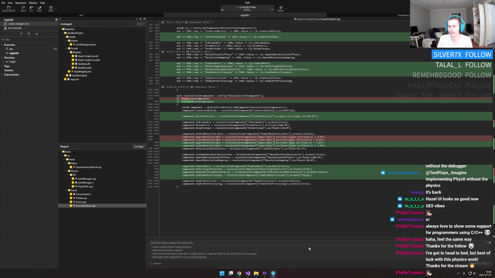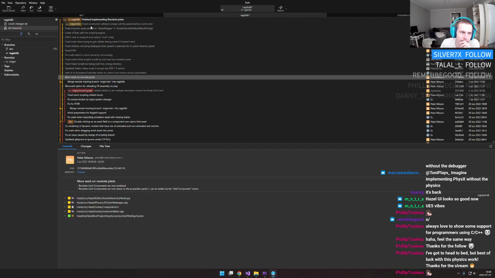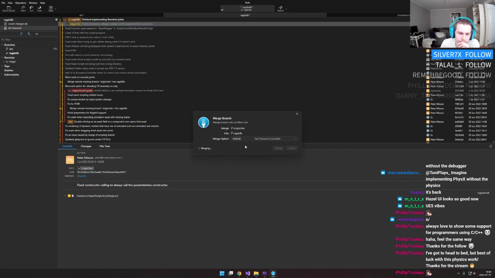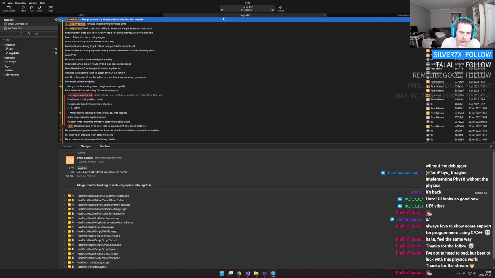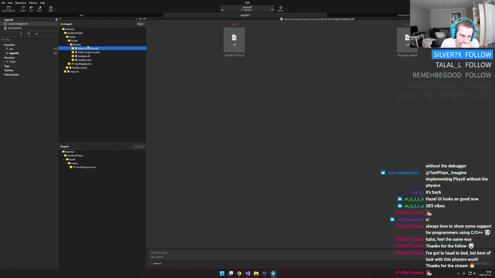Cool. Let's push that, and then I'm going to merge dev into Ragdolls and push that, because dev has had quite a lot of work on it. Merge. Oh, that's nice. You can auto merge. Let's also push this scene.